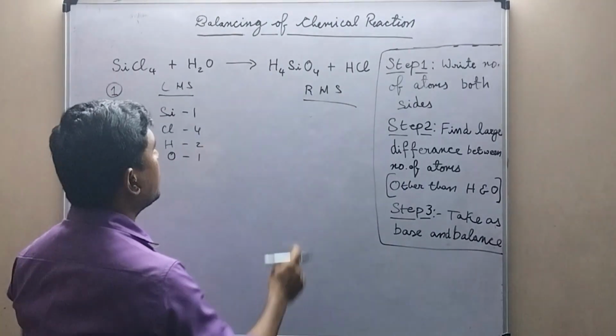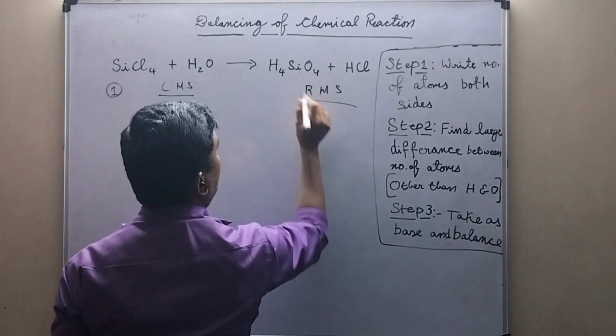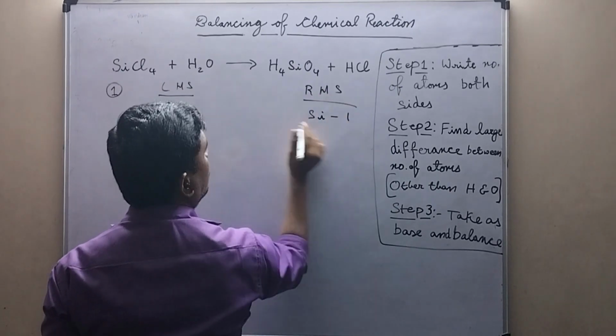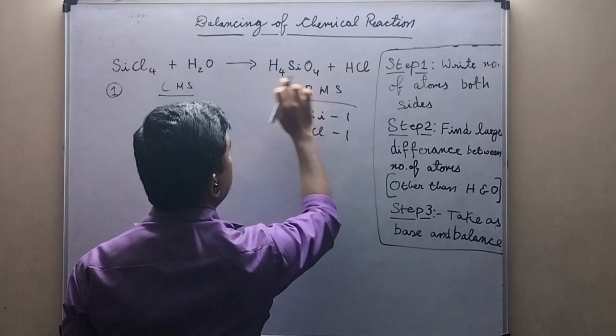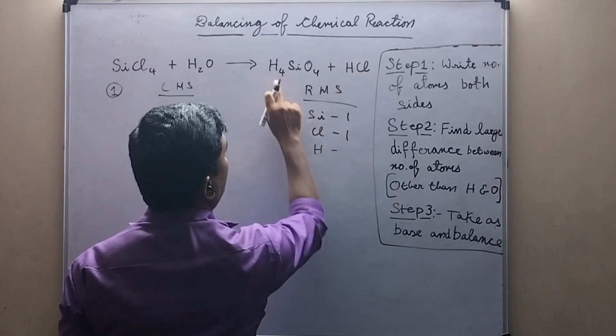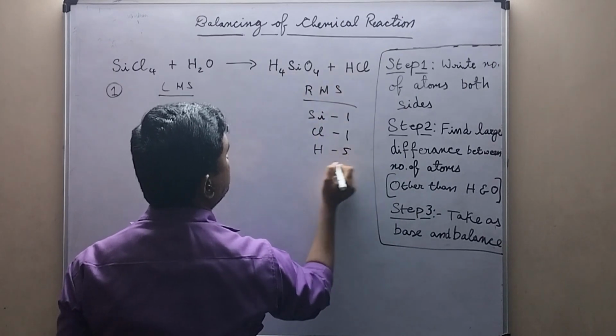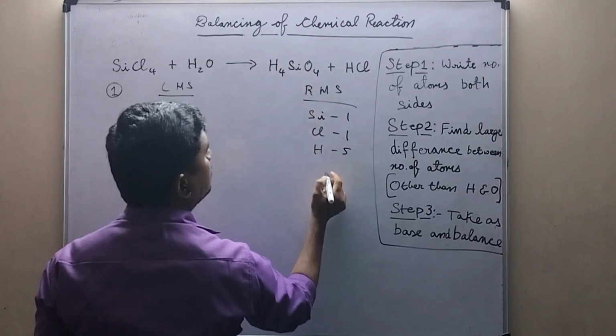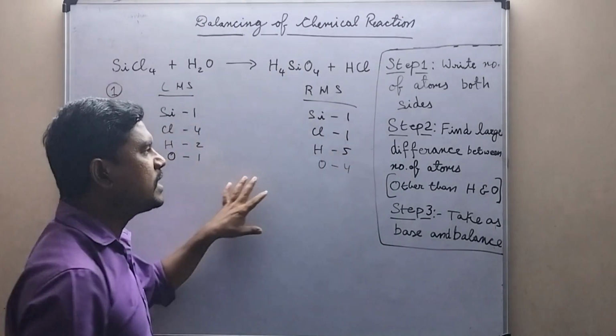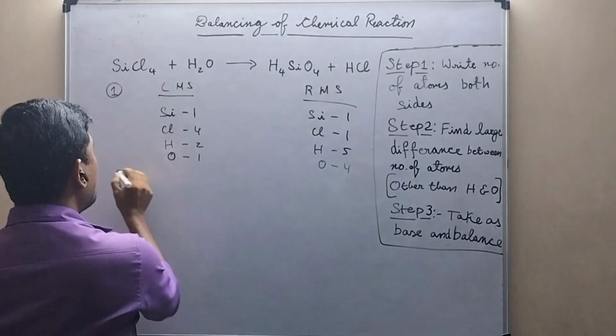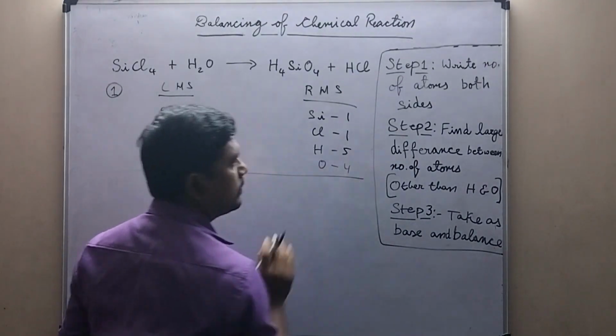Now on right hand side, silicon 1 atom, chlorine 1 atom, hydrogen 4 plus 1, 5 atoms, oxygen 4. So these are the number of atoms. We completed step number 1.